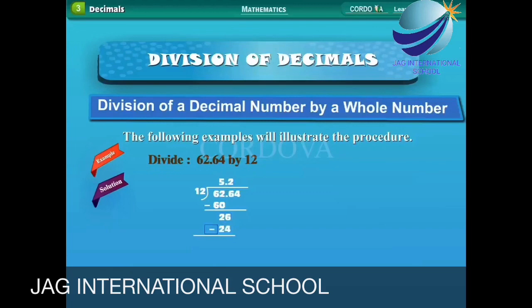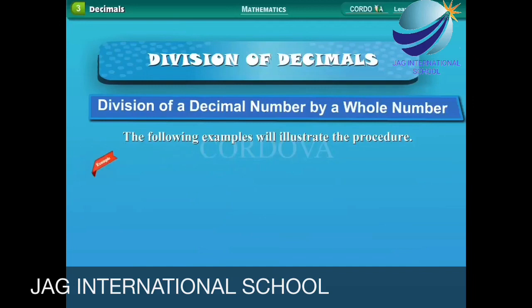When we subtract 24 from 26, we get 2. Now we have 24. 12 multiplied by 2 is 24. On subtracting 24 from 24, we get 0 remainder. Therefore, 62.64 divided by 12 is equal to 5.22.